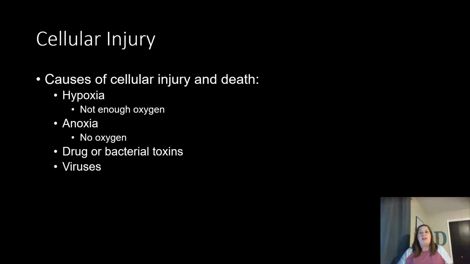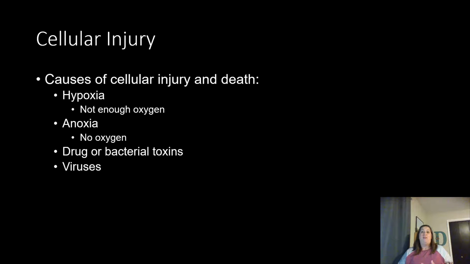Now, the type of cell that is injured also plays a role in whether or not a cell can repair and regenerate itself. Remember, a lot of cells can undergo the process of mitosis, going from one cell to two. Some cells in our body don't have that ability. They lose the ability to do mitosis. So if damage happens in those areas, the damage is more permanent.